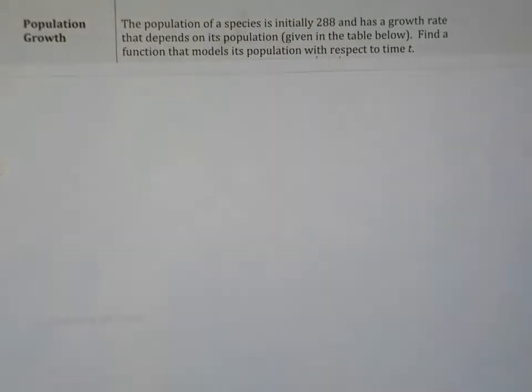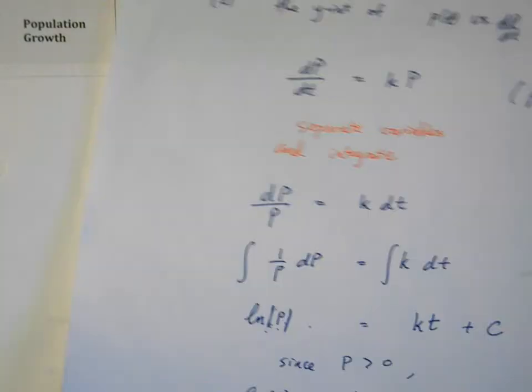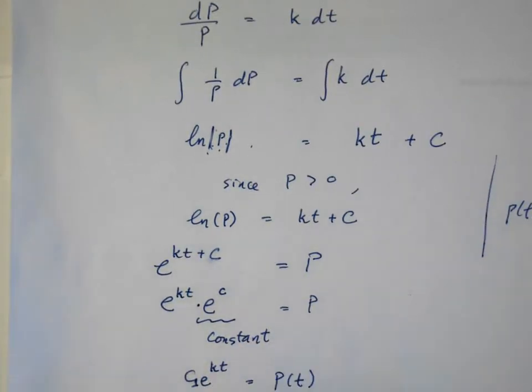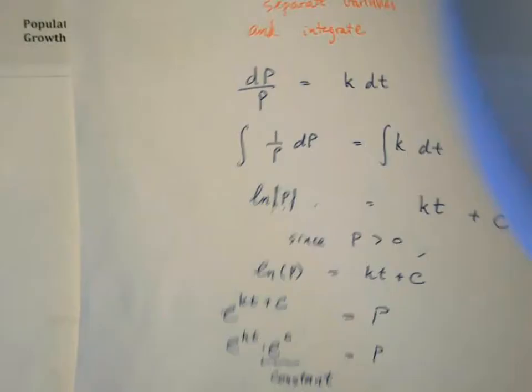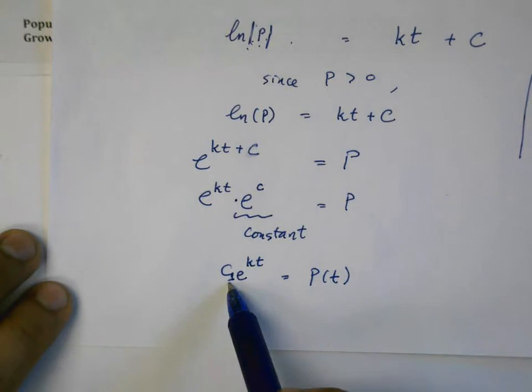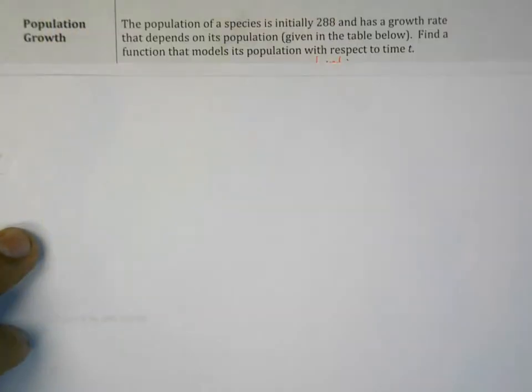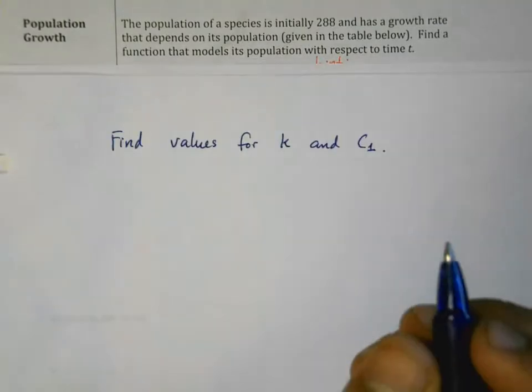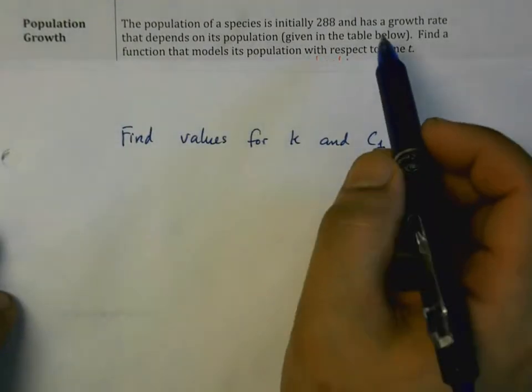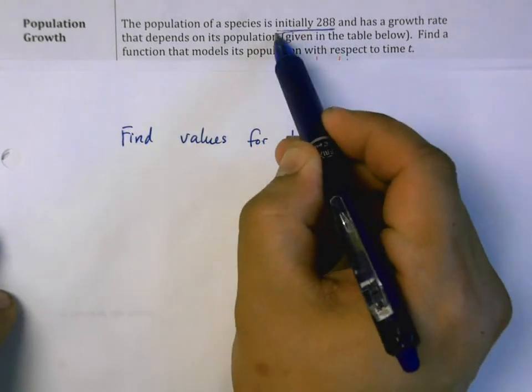Now, there's one more part to this problem, which is that we haven't actually found a specific solution yet. We need to figure out what these constants are equal to. We need to figure out what C1 is equal to and what K is equal to. So to do that, we have to use the initial condition that we have here.